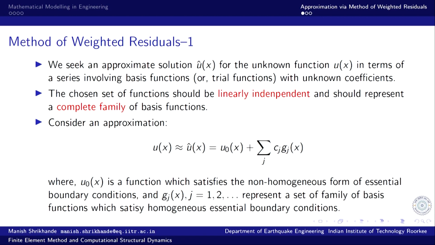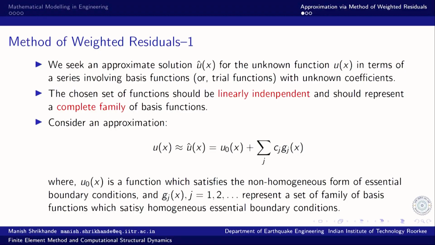And u naught of x is some function which satisfies the boundary condition if, for example, in that bar problem, I had specified the deformation to be non-zero at x equal to 0. Say the deformation at x equal to 0 is equal to some constant. Then that is a non-homogeneous boundary condition, and that has to be specified.